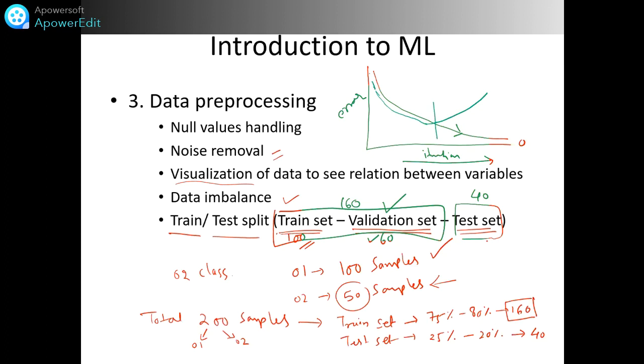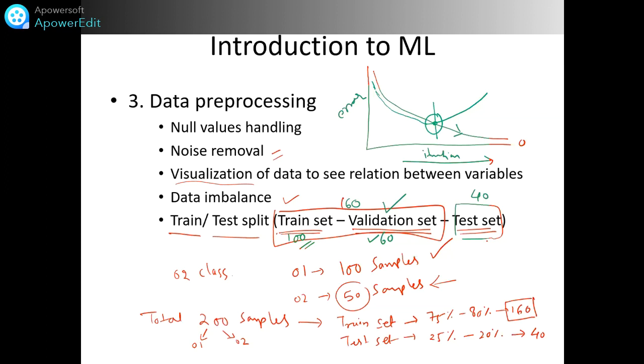Because your training graph says that error is further decreasing, but the validation graph is saying that after this particular point your error will increase, so at this particular point we have to stop. This is the use of the validation set. Whatever the weights or the state of the model at that point, we save, and it will give a good result over the test set also.